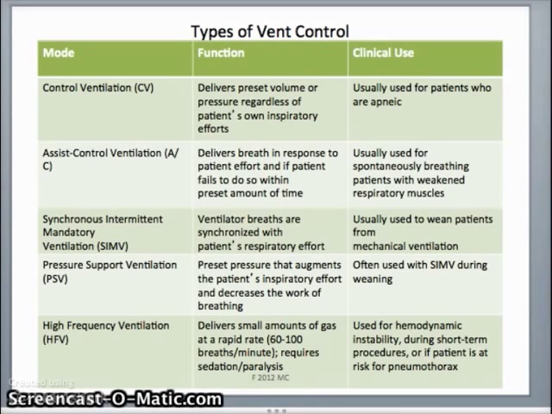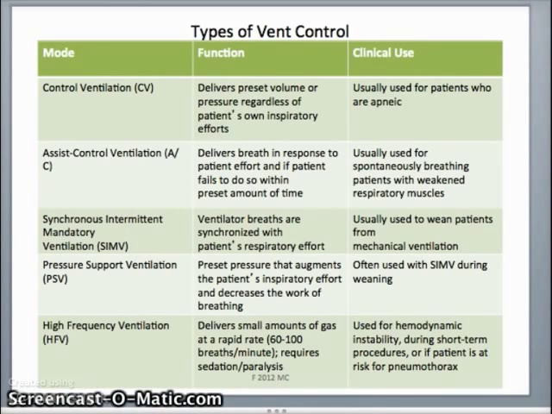If the patient tries to breathe on their own, they will get another, let's say, a 17th breath, okay? If they do it 2, 3, or 4 times, their respiratory rate can be up to 20, 25, 36, whatever. But every single time they try to initiate a breath, they're still going to get that full 600 milliliters of tidal volume at 50% oxygen.